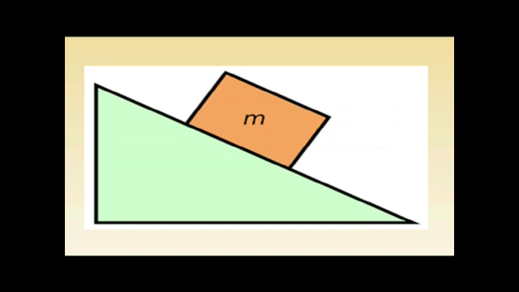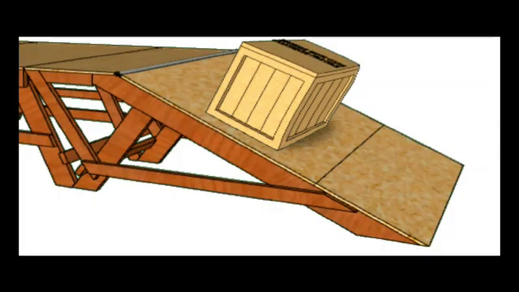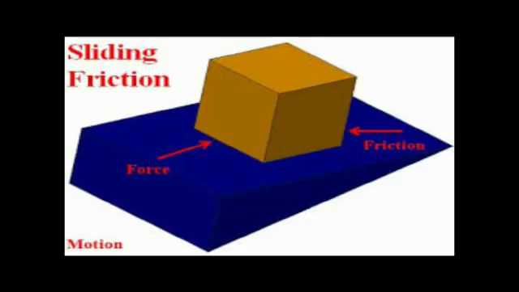In the same manner, it is easier to move a box which is already moving than a box which is at rest. This is because when a box starts sliding, the contact points on its surfaces do not get enough time to lock into the contact points on the floor.